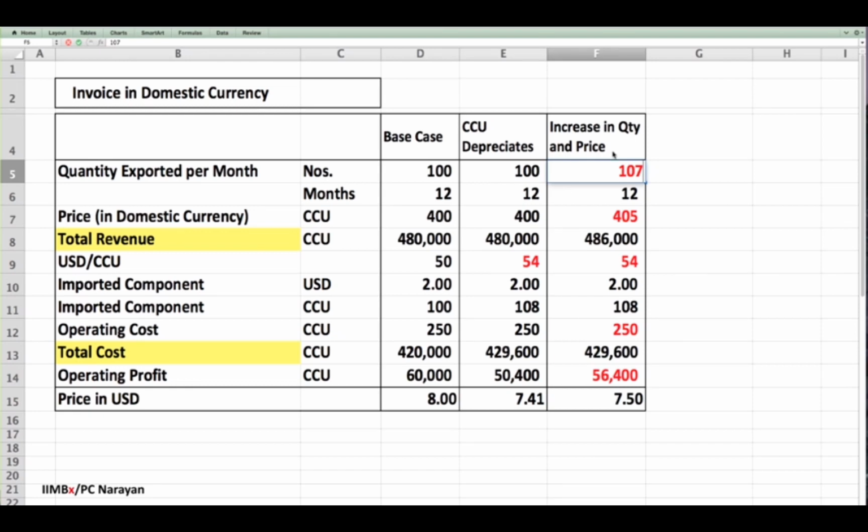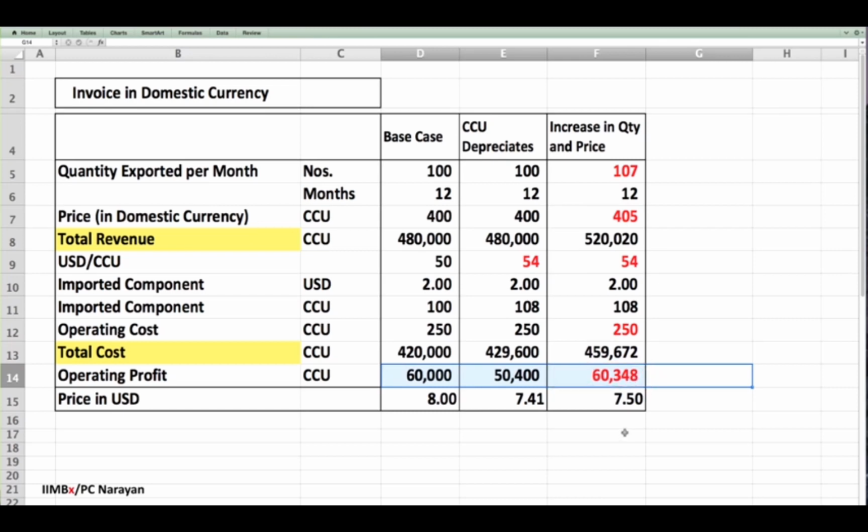to 107. What this does, as you can see, restores the profitability of the Utopian exporter, which was 60,000 originally, which fell to 50,000 because of the depreciation of the CCU. Now, by adjusting the quantity and the price, his profitability has been restored to very close to 60,348.